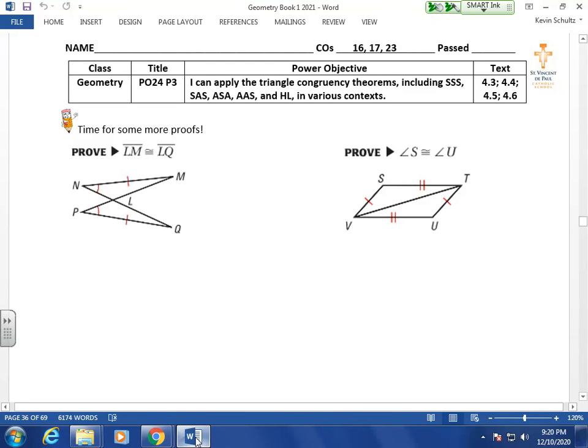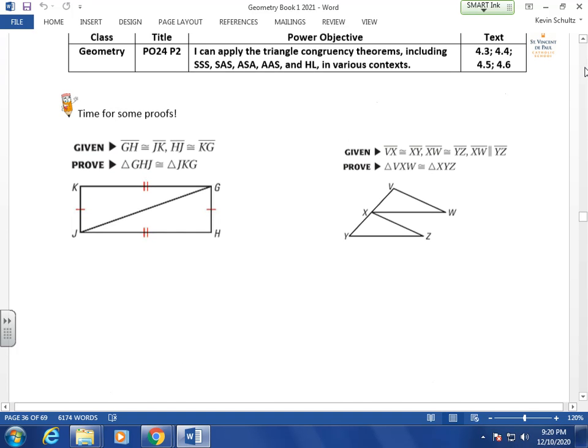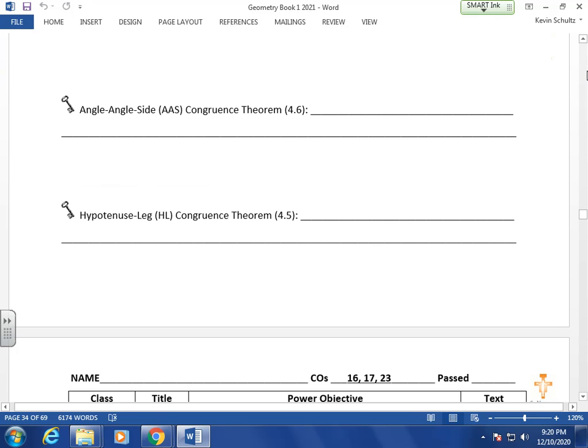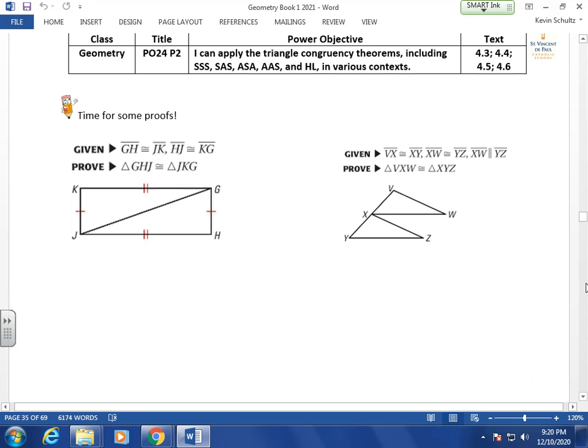What's going on? We're going to continue PO24, which is proofs with triangles, proving that triangles are congruent. Basically, I'm just going to run through 4 of them here, just so you can get the process down. I'm on part 3. We did part 2.